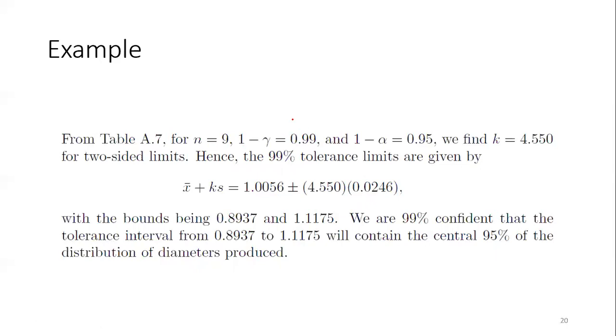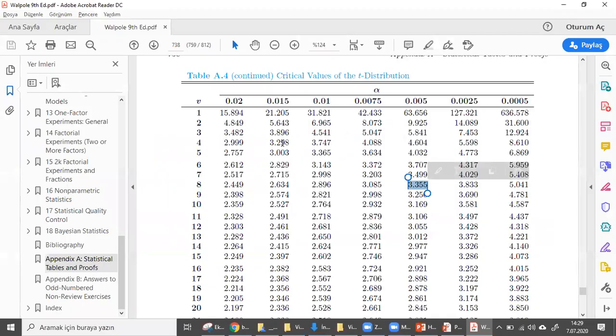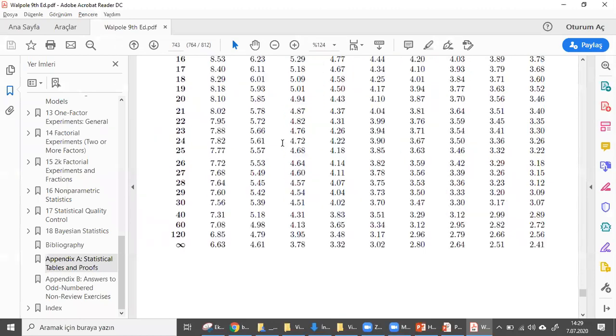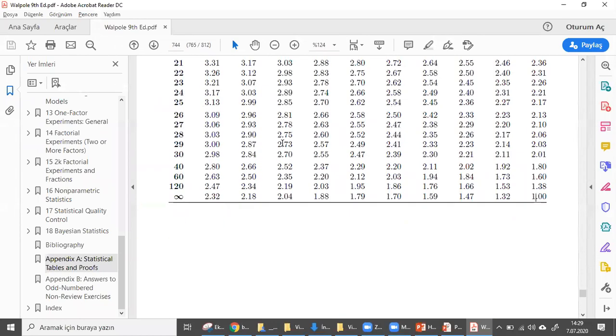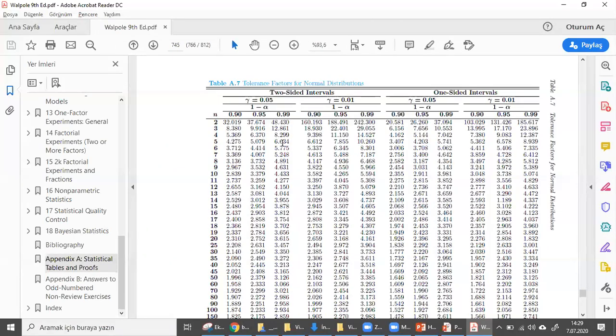And for the last one, we have the tolerance limits. So gamma is equal to 0.01, or 1 minus gamma is 0.99. So alpha is equal to 0.05, and n is equal to 9. So let's go again to table A7 and see what we have there. A6, and this is A7.